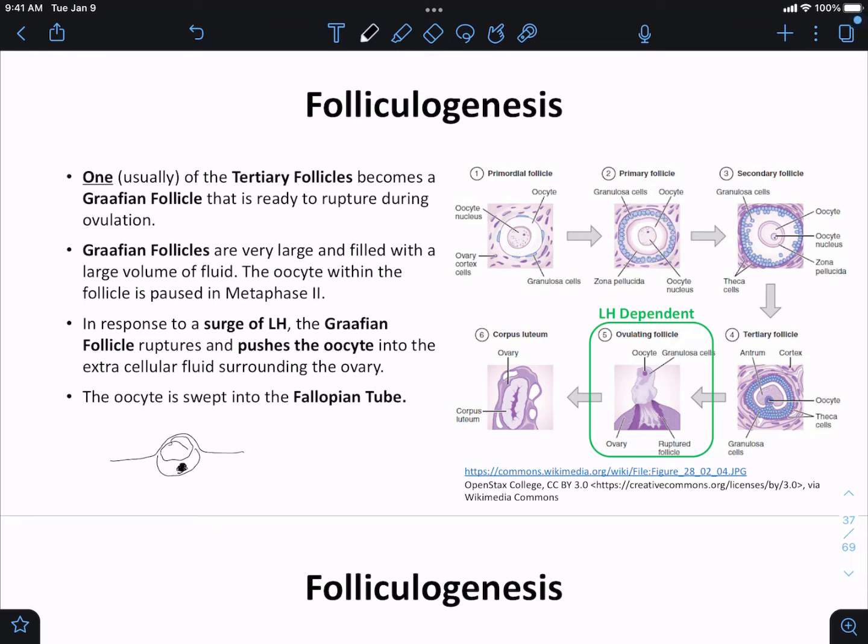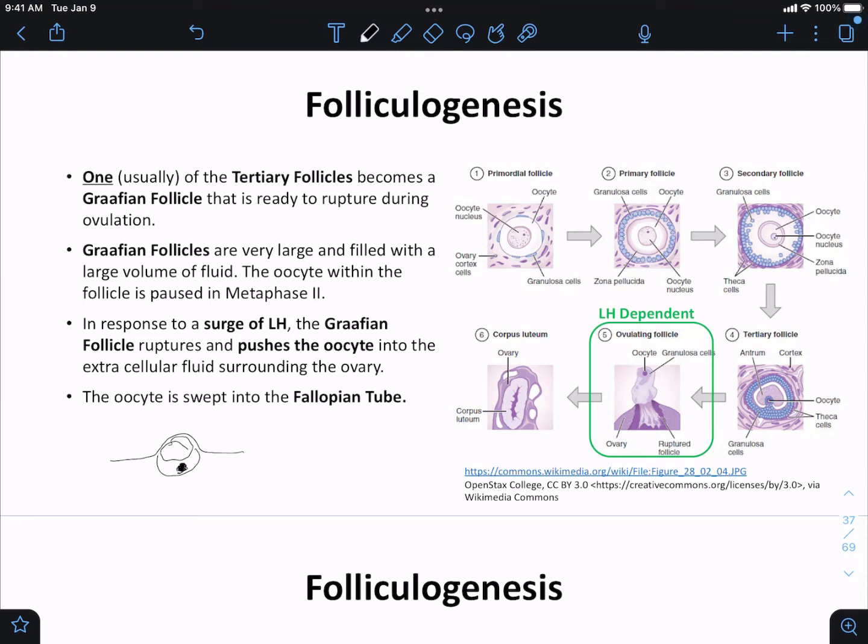It is kind of like a miniature cyst. It's not really a cyst, but it's kind of like that in the sense that there's a lot of pressure, and if you were to squeeze it, it might just burst open. And that's basically what happens, actually.